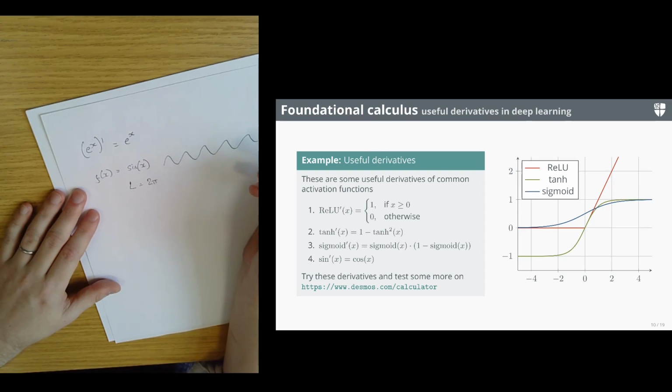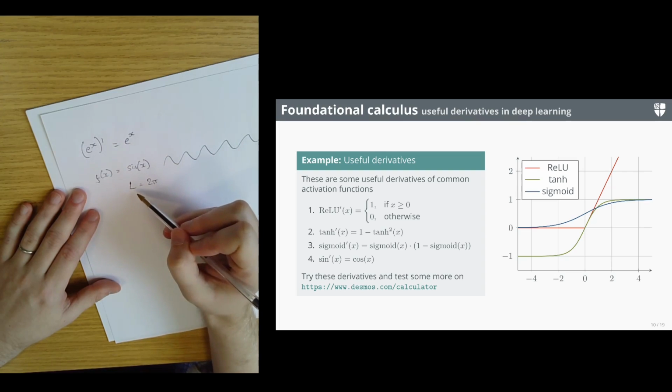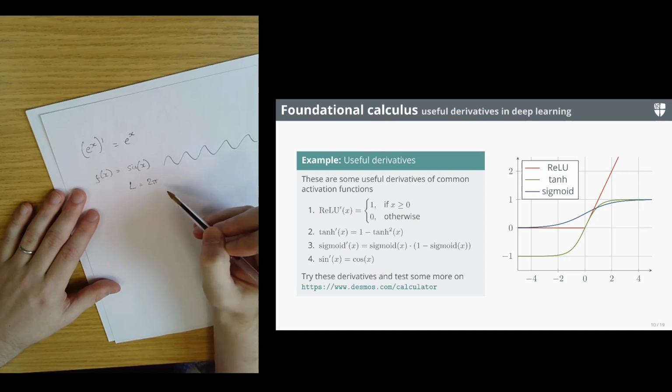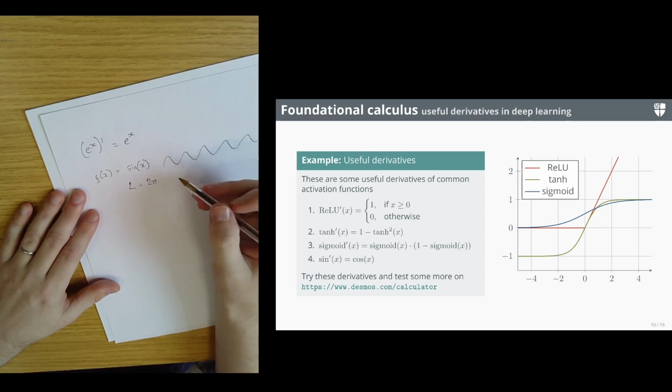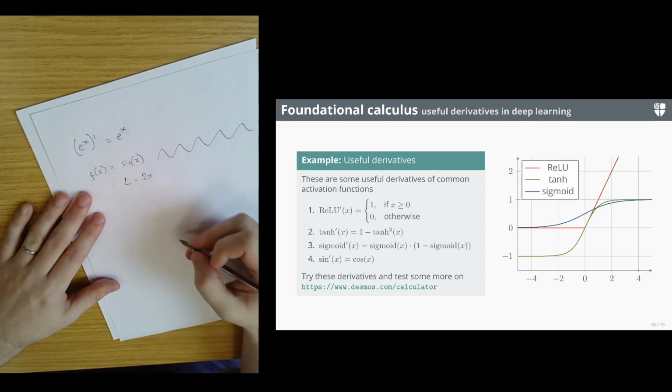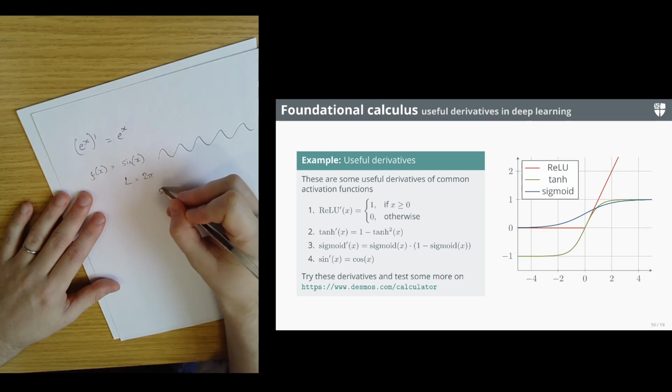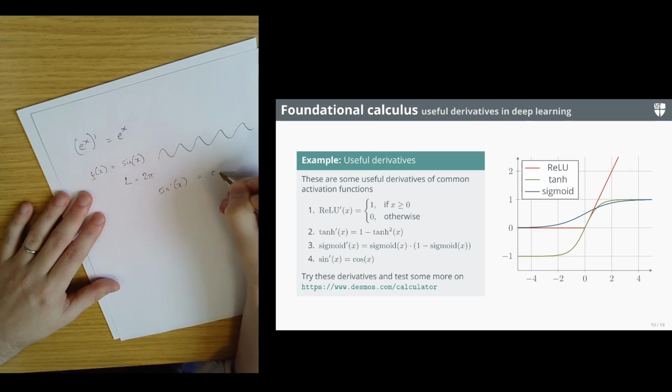If the function is periodic with some period, then its derivative is also periodic with the same period, and that's very useful to know. So with sine of x, the first derivative of sine of x is cosine of x.